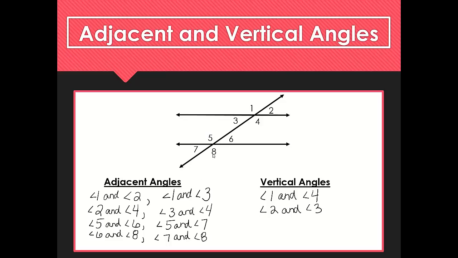Angle 5 and angle 8 are vertical angles. And angle 6 and angle 7 are vertical angles. So these 4 pairs are the vertical angles from our diagram.